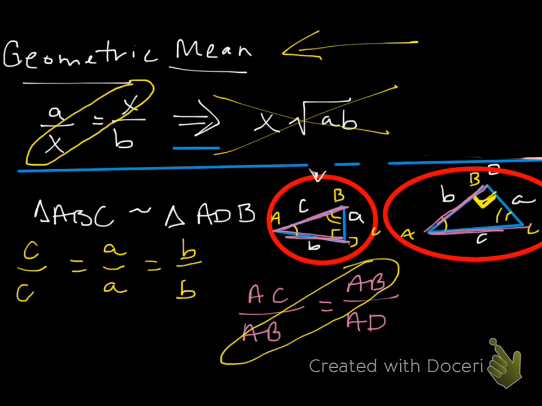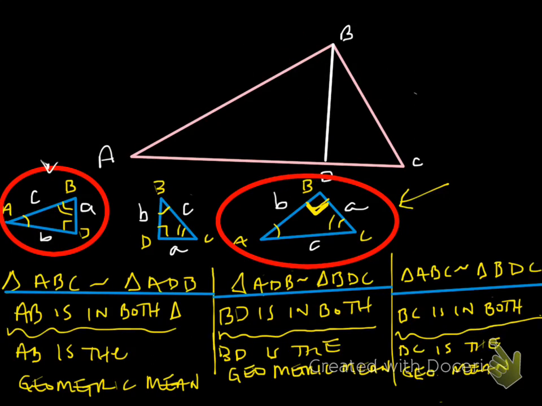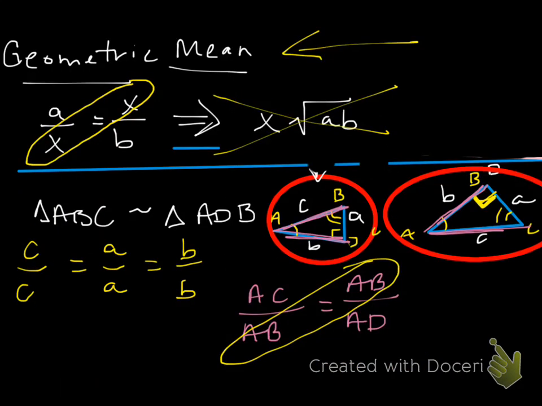Now notice, if I do this, I'm going to end up with 3 geometric means. If you go back here with these 3 triangles, I have 1, 2, 3 different geometric means, right? You just got to make sure you're paying attention to which one you want to use.